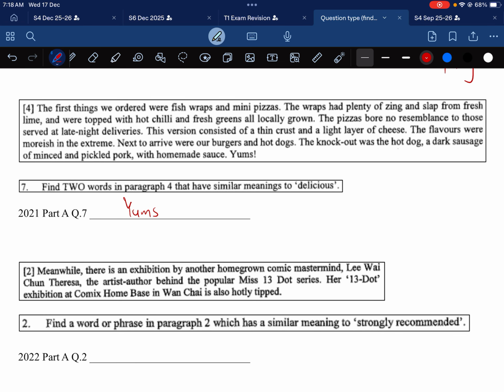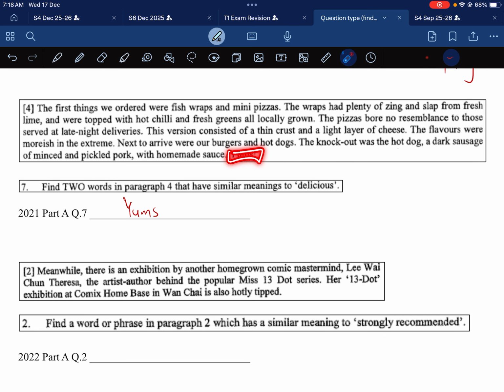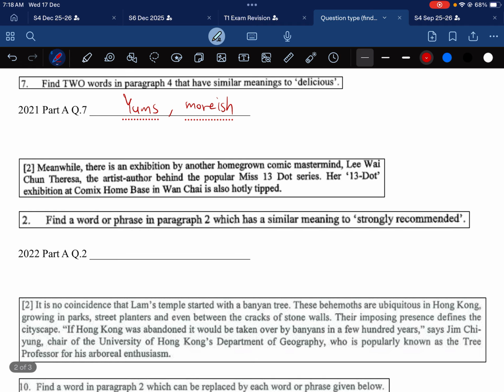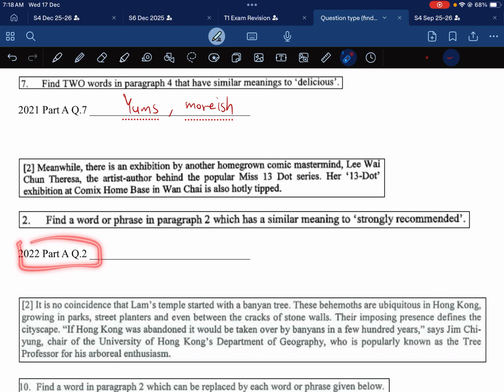Because this is related to delicious. Okay, and for the other answers, let me see. We have Moorish, right? How about this one? I think this one would be quite easy. Strongly recommended. Let me give you 10 seconds again.